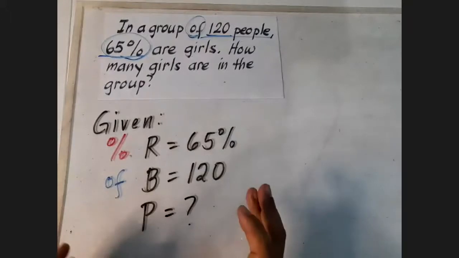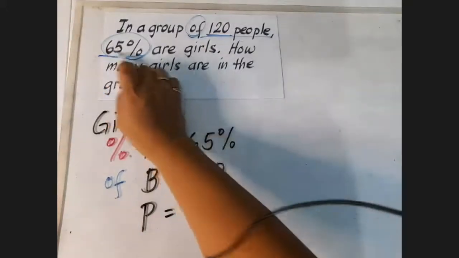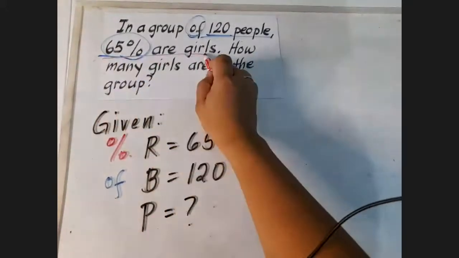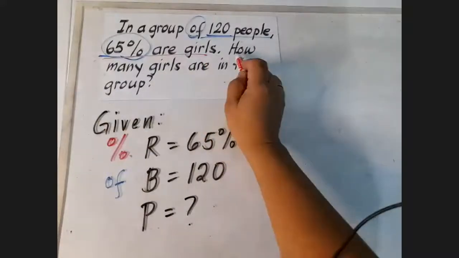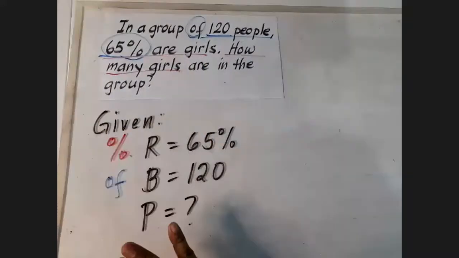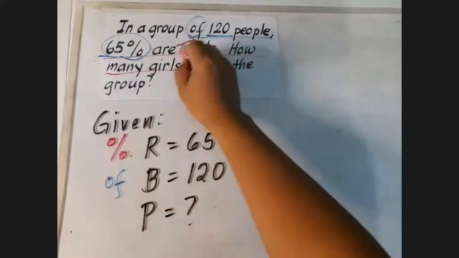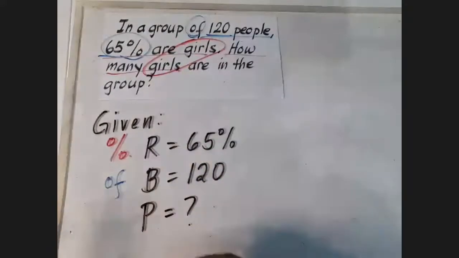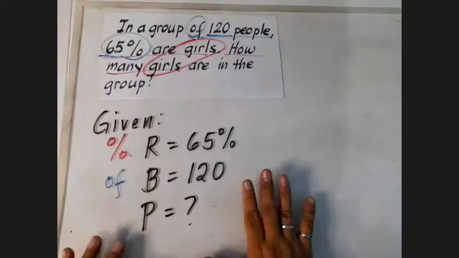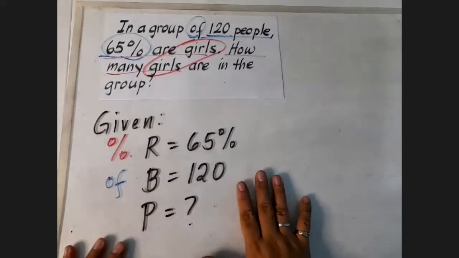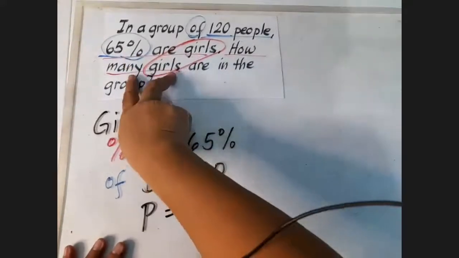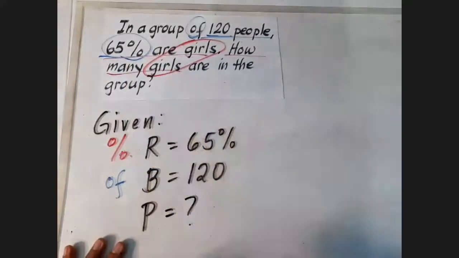Bago kayo mag-solve, siguraduhin ninyo na yung rate na ibinigay at saka yung itinatanong na percentage, pareho siya. Okay? Paanong pareho? Parehong number of girls. So, in this case, simple lang yung problem natin. Kasi binigay yung rate ng girls, itinatanong din yung percentage naman ng girls.